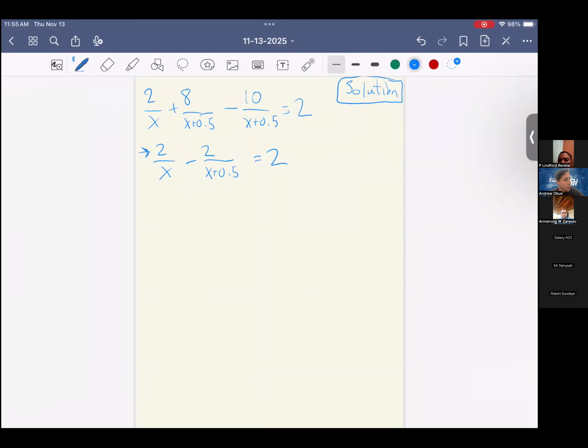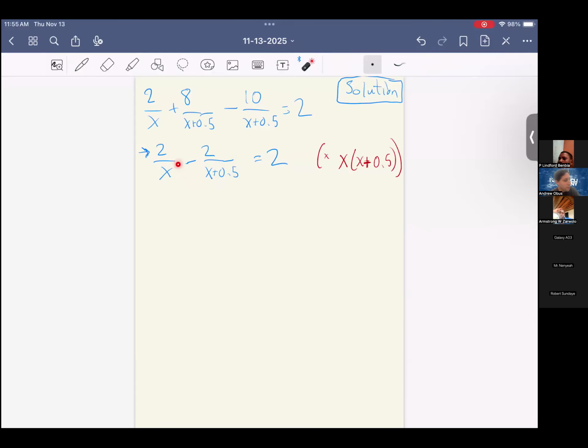What we can do is multiply both sides of this by x times x plus 0.5. That way we'll clear the denominators.